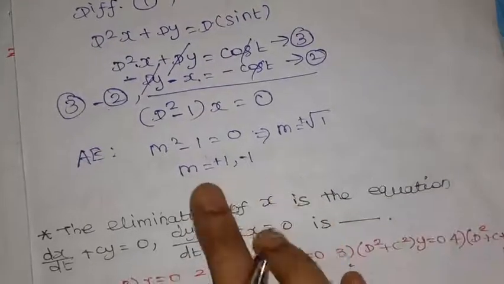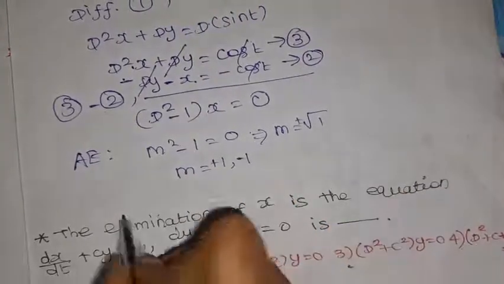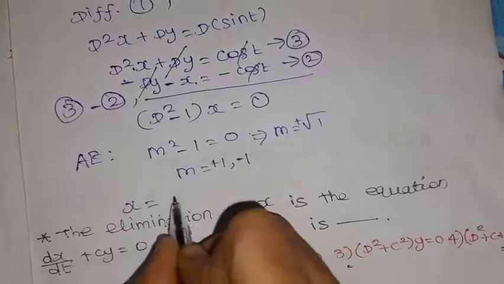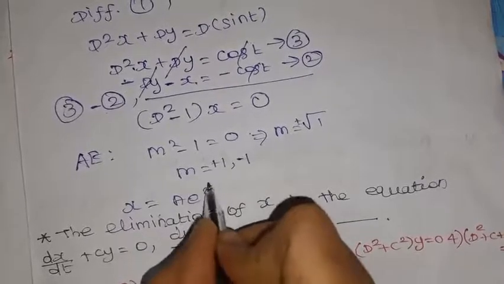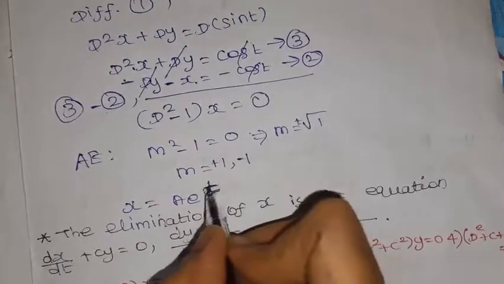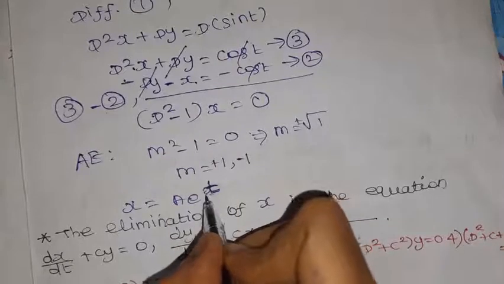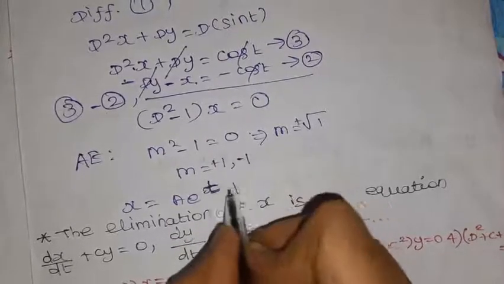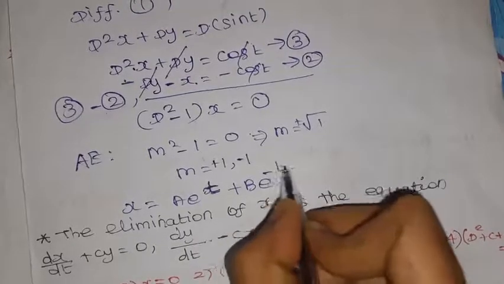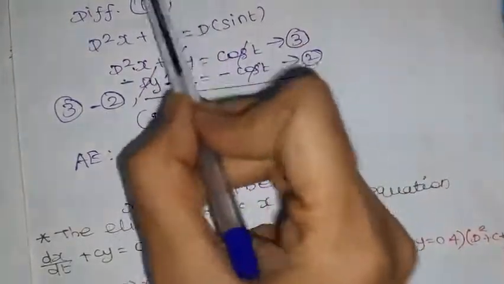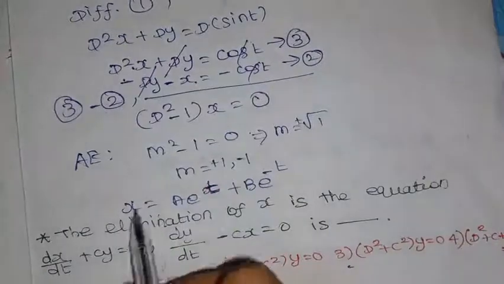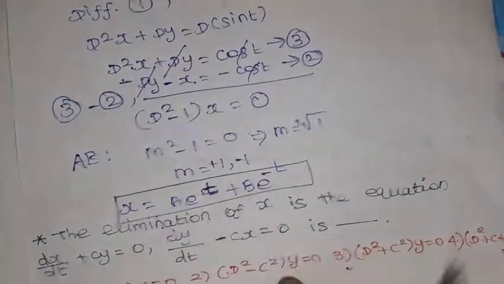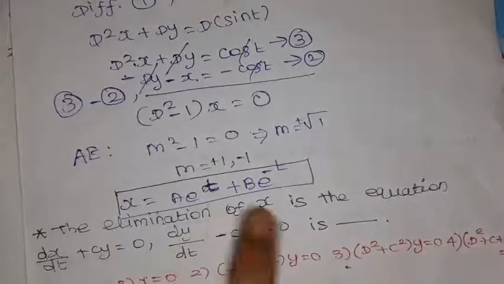So the roots are real and unequal. For that, what is the solution? x equal to a e^t plus b e^(-t), where the variable represents t only. So this is the solution for x: a e^t plus b e^(-t).